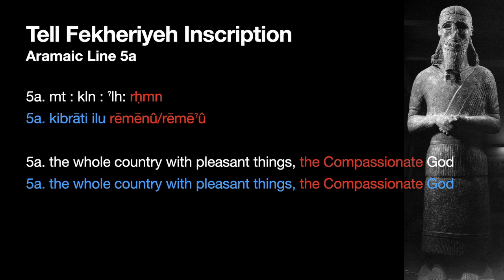And the God being spoken of here, it's not like the word we're using in English or Aramaic, Arabic, Hebrew, whatever. It's referring to Hadad. And so this is an epithet being used of the storm god just to denote that he is compassionate, okay? It's not necessarily a title that only belongs to Hadad. It's just a nice thing to say about the deity, and here the deity is Hadad.